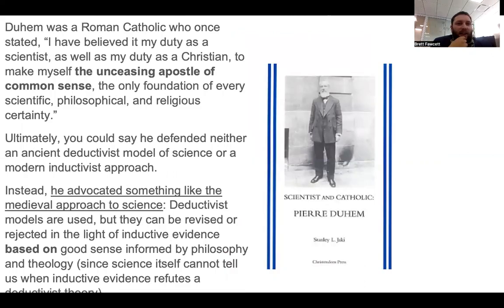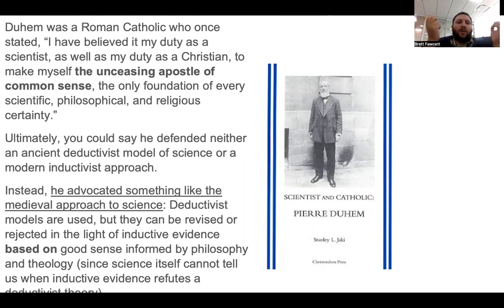And so finally, Duhem was a Roman Catholic. He once said, "I believed it my duty as a scientist as well as my duty as a Christian to make myself the unceasing apostle of common sense, the only foundation of every scientific, philosophical, and religious certainty." Ultimately, you could say he defended neither an ancient deductivist model nor a modern inductivist approach, right?